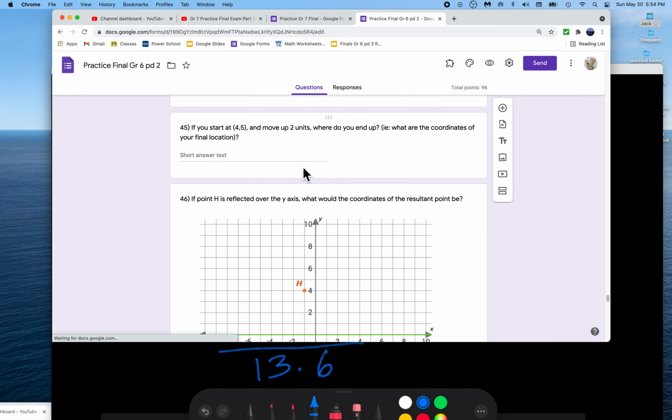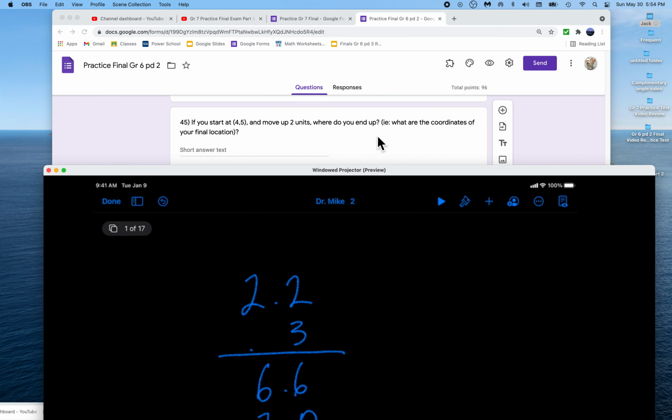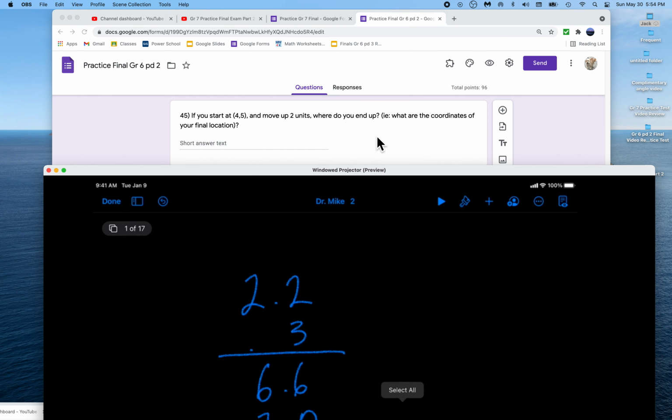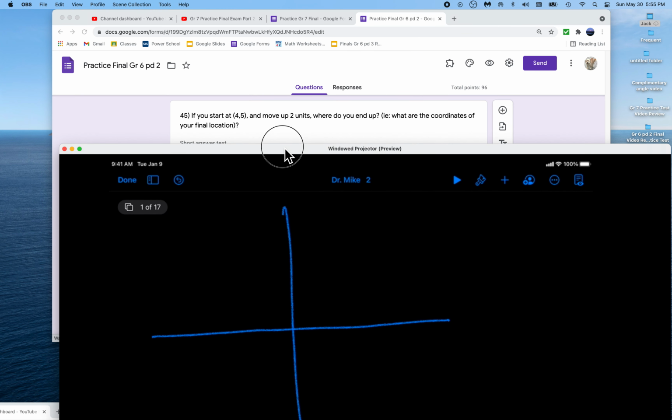Okay? Here we have a movement question. All right. They don't give you a grid. So here we go. They don't give you a grid, draw your own. You start at 4, 5. Remember, the first number is the x value. So 4, 5 would be right about there. That's 5 and that's 4.